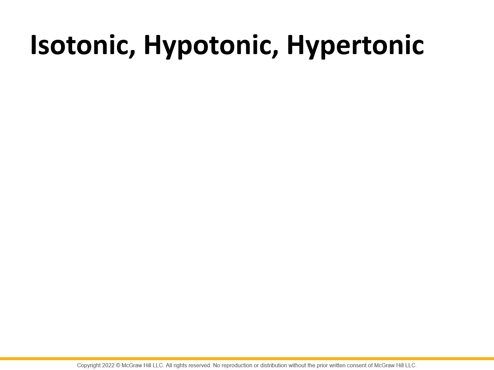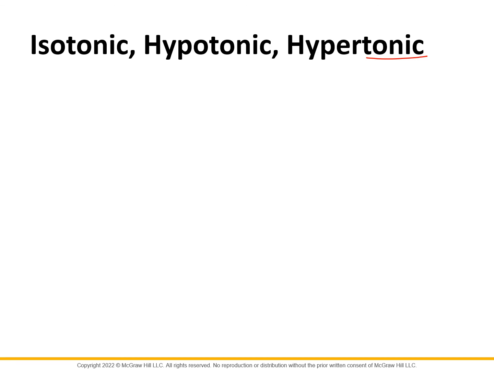So these terms are comparing those solutions to each other, and the basis of comparison is the solute concentration. That's what tonic refers to, the percentage of solute you have in the solutions. So isotonic, hypotonic, hypertonic are comparative terms comparing solutions in terms of their solute concentration.